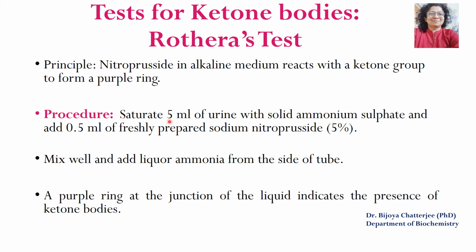We take 5 ml of urine and saturate it with solid ammonium sulfate, and then to this we add 5 ml of freshly prepared sodium nitroprusside. This has to be mixed well, and liquor ammonia is added from the side of the tube. The purple ring at the junction of the liquids indicates the presence of ketone bodies.